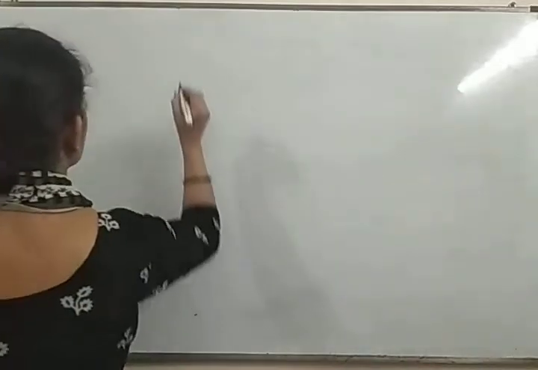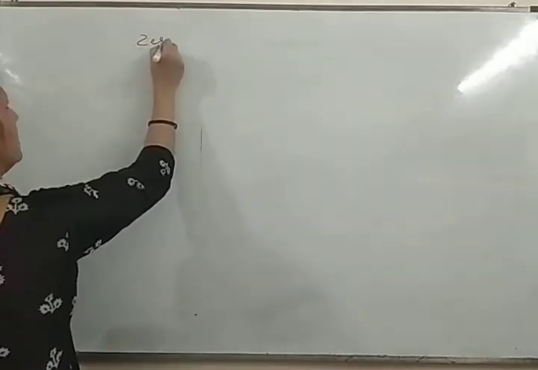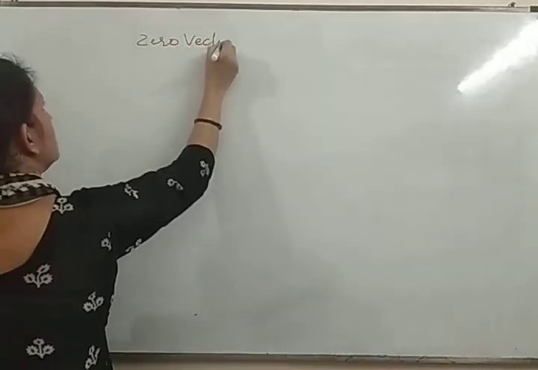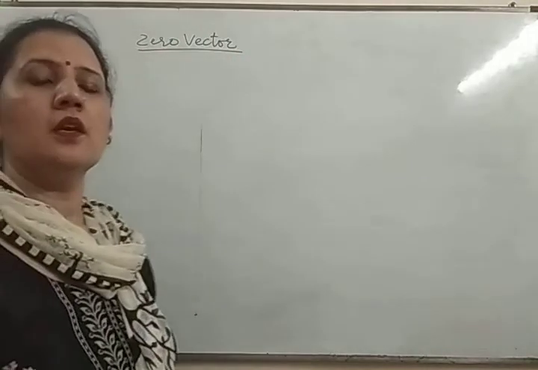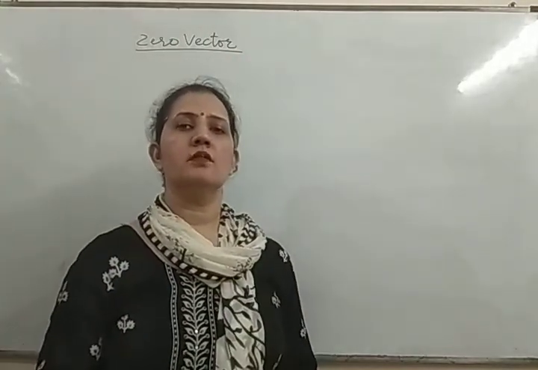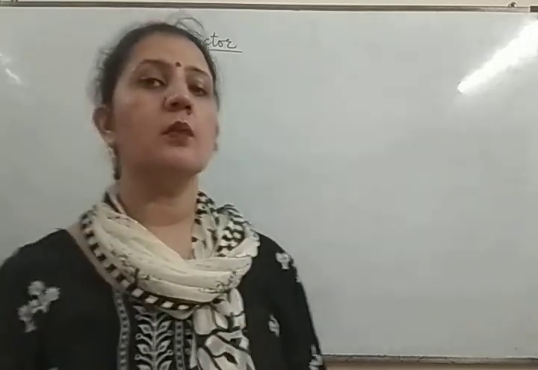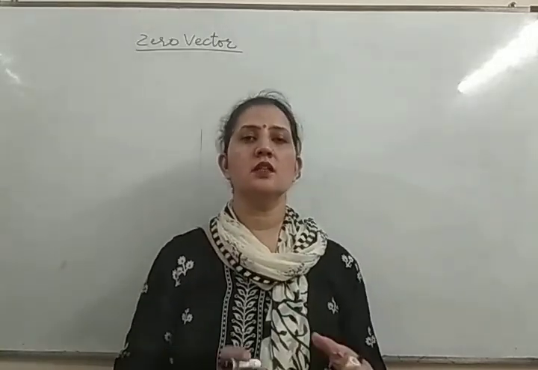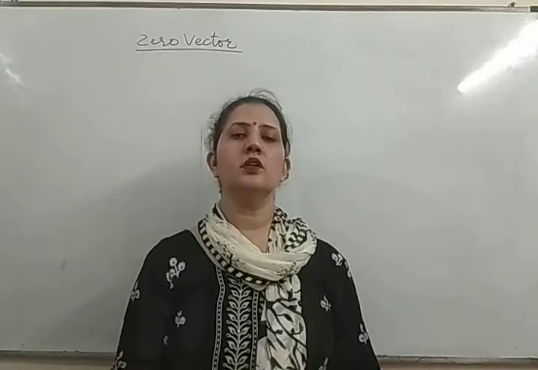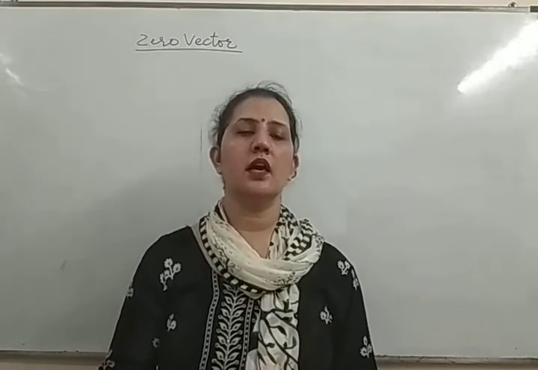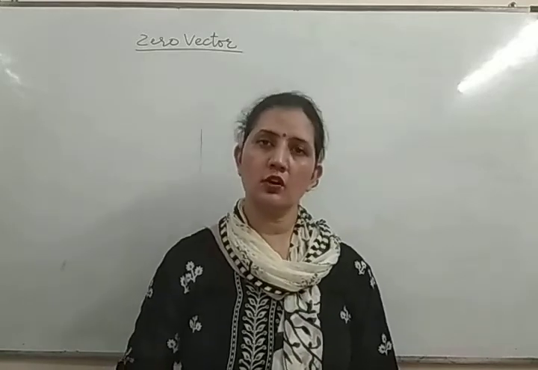First of all, define the zero vector. What is a zero vector? As its name suggests, it is a vector having zero magnitude. And what about the direction? It has changing direction, because the vector with which it is multiplied or to which it is added, its direction changes accordingly.